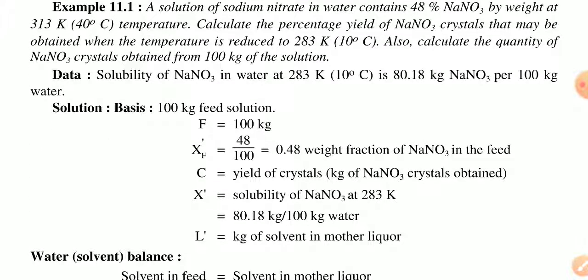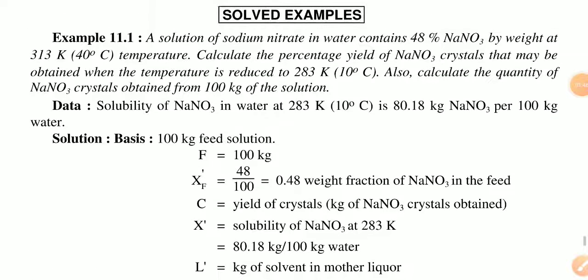So what is the data? The solubility of NaNO3 is 48% NaNO3 by weight at 313 Kelvin, that is 40 degrees Celsius. We calculate the percentage yield of NaNO3 crystals obtained when the temperature is reduced to 283 Kelvin, that is 10 degrees Celsius.